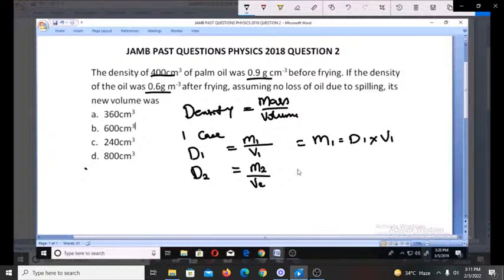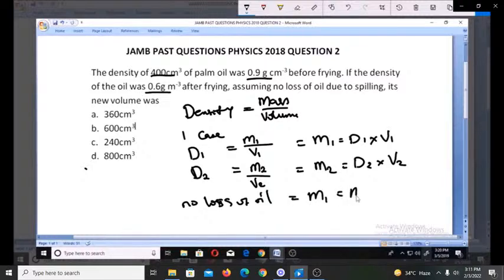Whereas from here, if you make M2 the subject, you have M2 equal to D2 times V2. But they say there is no loss of oil. This simply implies that M1 is equal to M2. So if M1 is equal to M2, that means that D1 V1 is equal to D2 V2.